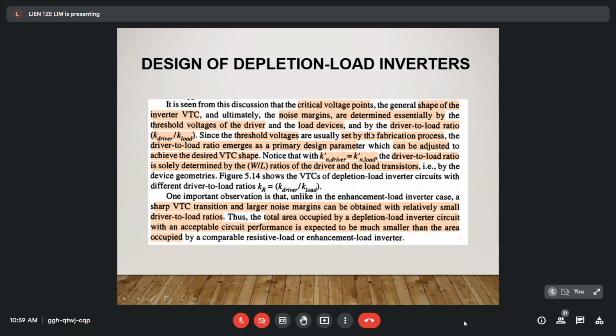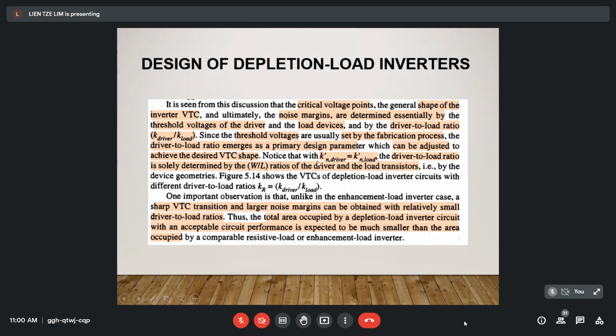This noise margin and the shape are also determined by the driver to load ratio, K drive over K load. Since the threshold voltages are usually set by the fabrication process, the driver to load ratio emerges as a primary design parameter, which can be adjusted to achieve the desired VTC shape.